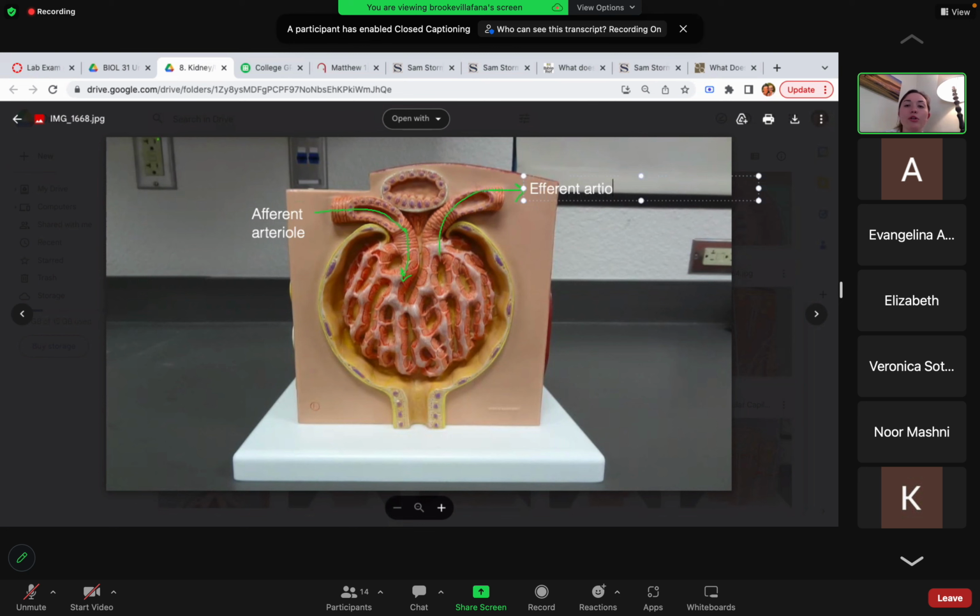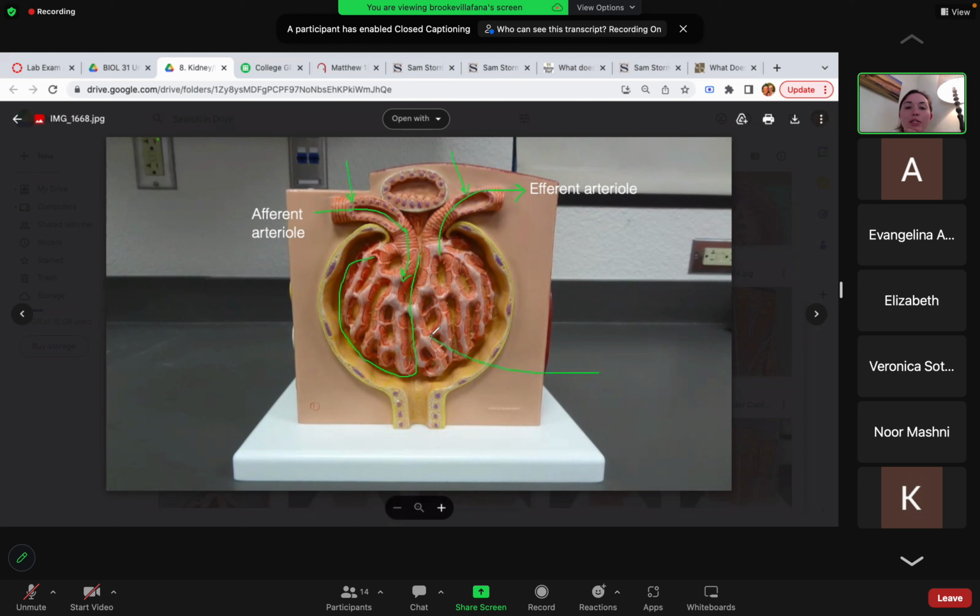So this is the efferent arteriole over here, afferent arteriole on the left. If you're wondering how do I know for the test, if it's on this side, it's afferent, and if it's on that side, it's efferent. But we should be pointing only to the top structures, really, to have you distinguish it.